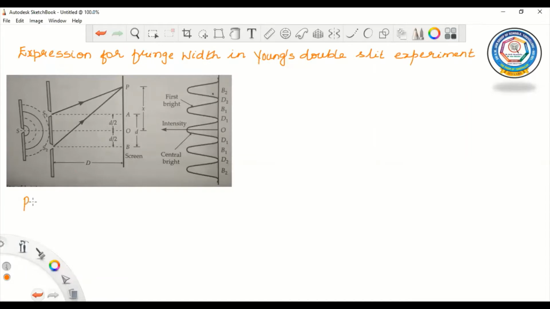The path difference at P is equal to S2P minus S1P. Here we are going to consider two right angle triangles, S2BP and S1AP.